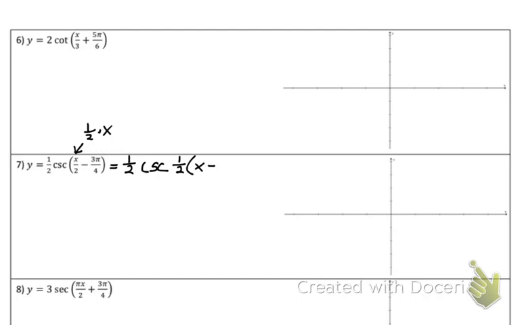So when I factor out a 1/2, I'm dividing x over 2 and 3 pi over 4 by 1/2. So to get that number to change, I'm going to do 3 pi over 4 divided by 1/2.